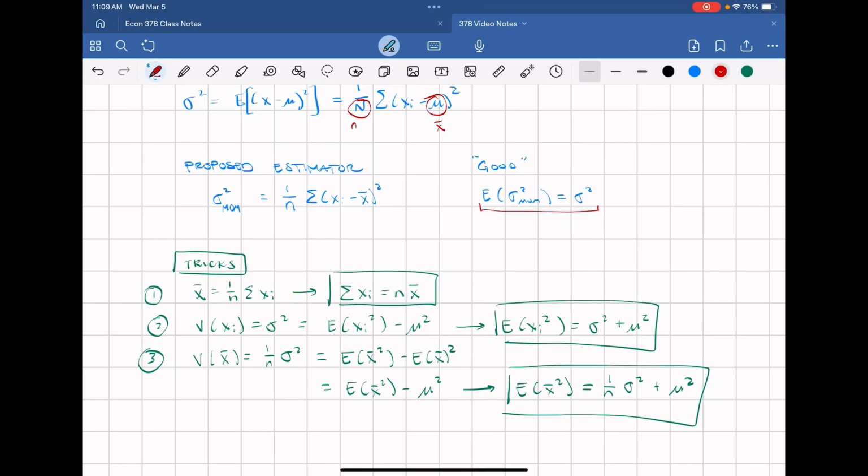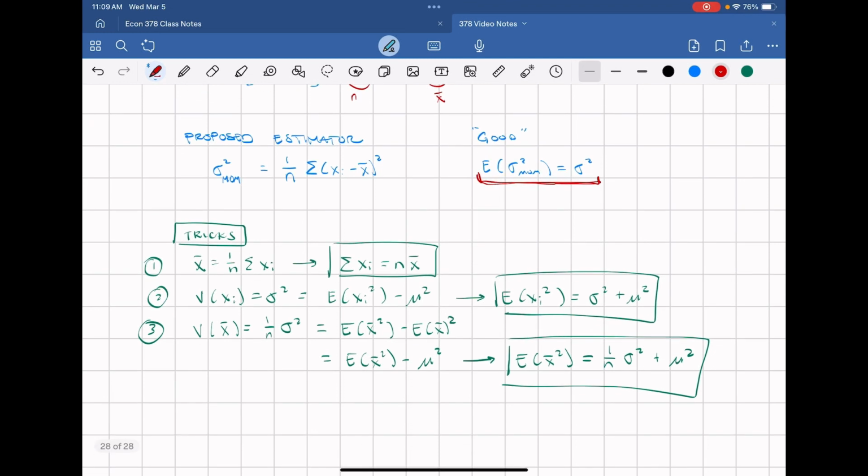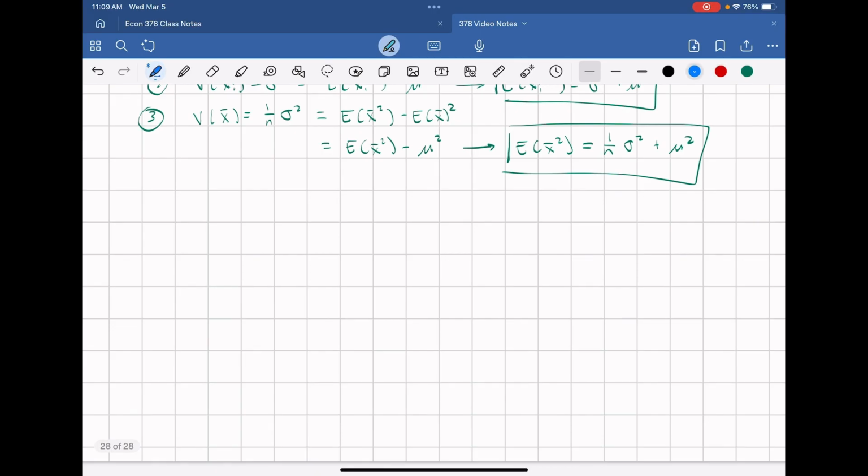So now let's go back to this. We want to show that the expected value of sigma squared method of moments is equal to sigma squared. So let's start on that. So we have the expected value of 1 over n summation xi minus x bar squared.